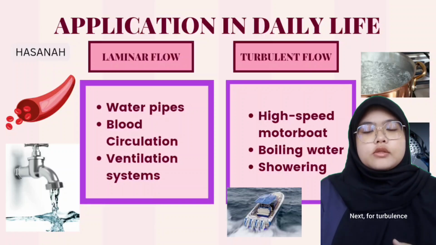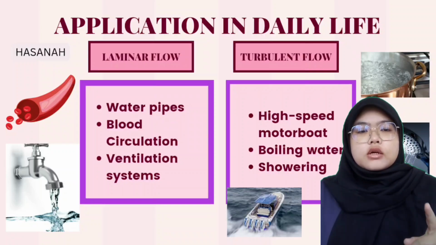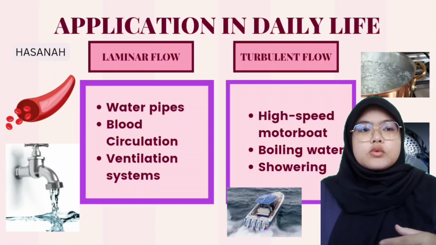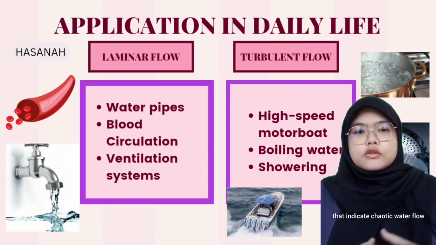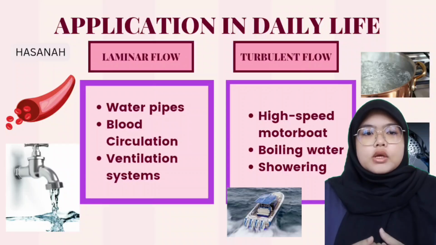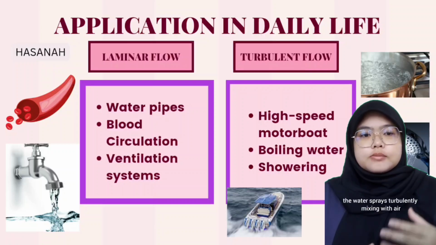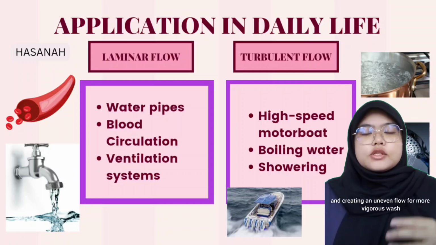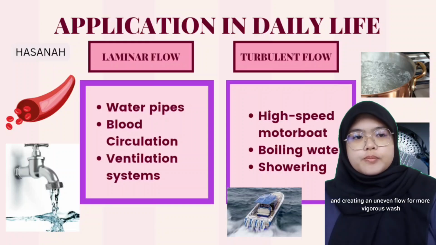Next, for turbulent flow, we can see applications in daily life. First, high-speed motorboats. As a motorboat moves quickly, the water behind it becomes turbulent, forming waves and white caps that indicate chaotic water flow. Next, the shower spray. If you turn on the shower to full blast, the water sprays turbulently, mixing with air and creating an uneven flow for a more vigorous wash.